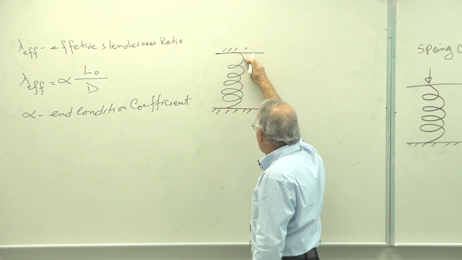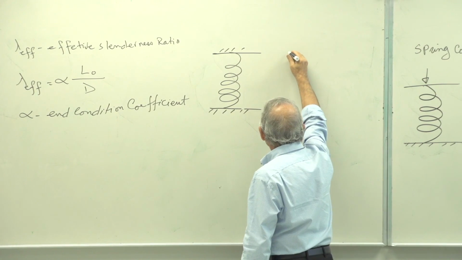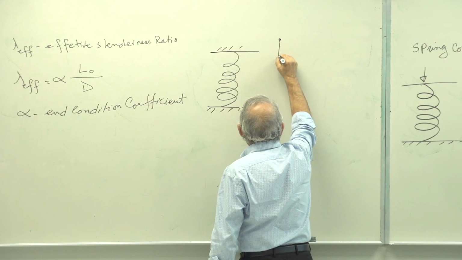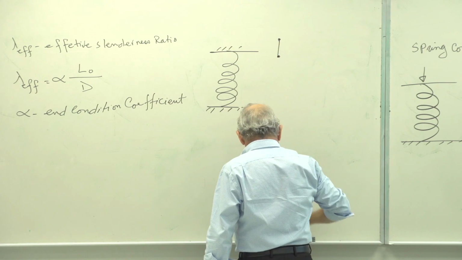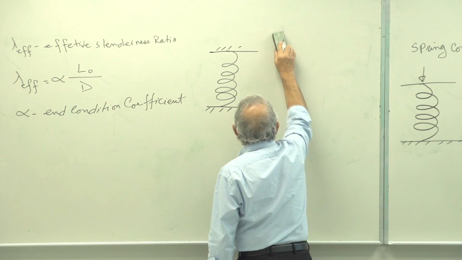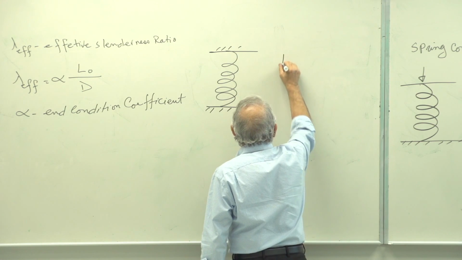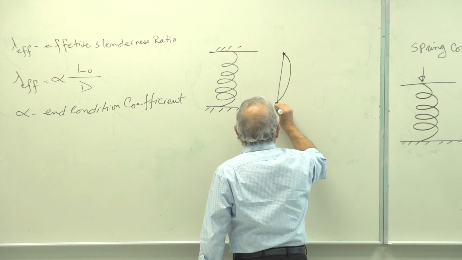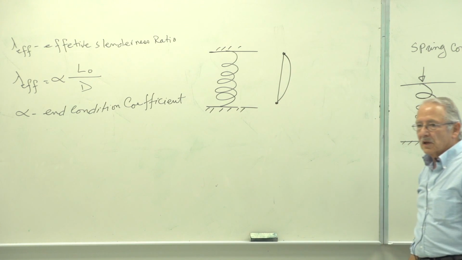So when this thing buckles, it just buckles like that. So I'll actually give you the equivalent of columns. Draw it larger. The equivalent of this is a pin-pin column, and it buckles like that.